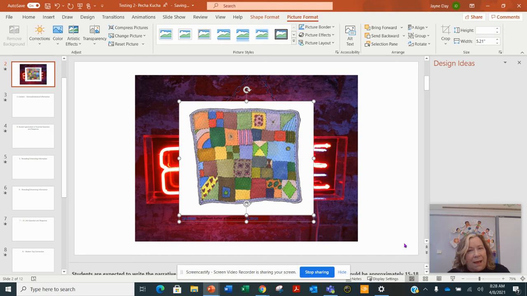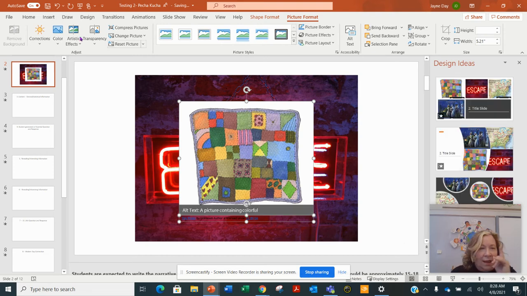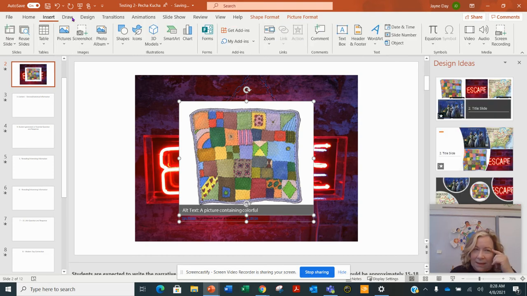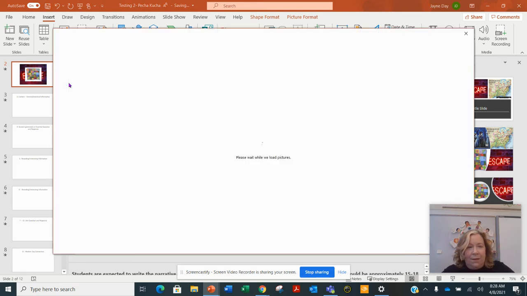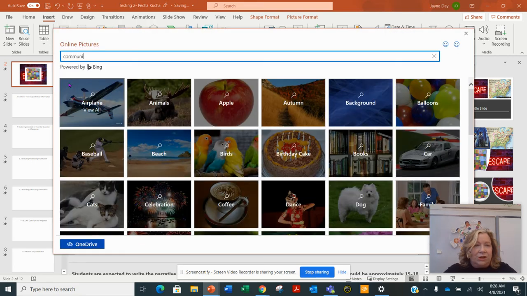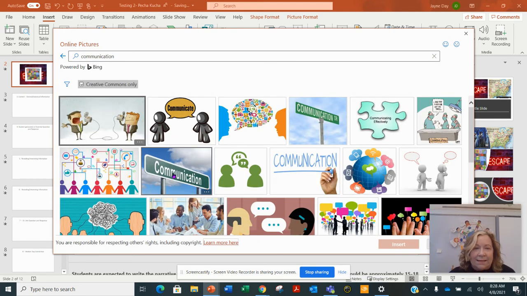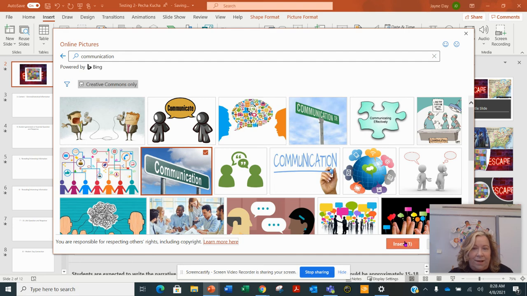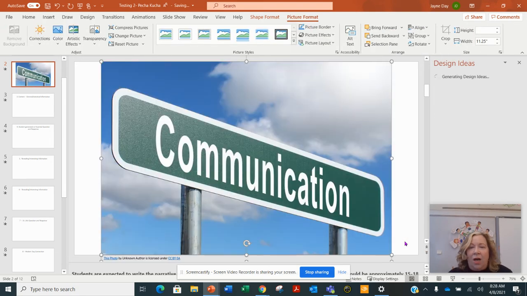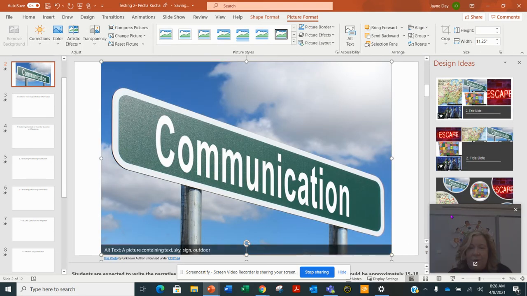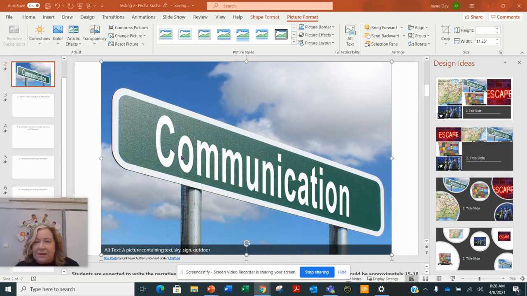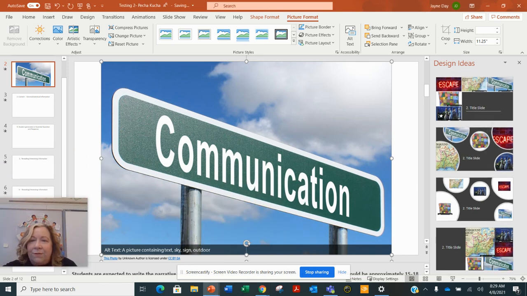And then I talked about communication, and I want to just get that in there because I think that's kind of an important concept to be getting. So I'm going to type in communication and see what images. Ooh, I like this street sign. All right. So I've got all these pictures, and I'm going to move me over to here so that you can see. And look at what we've got over here.